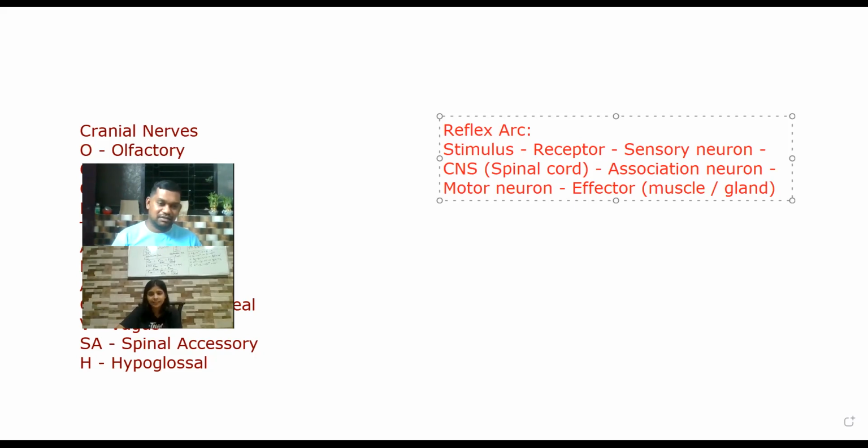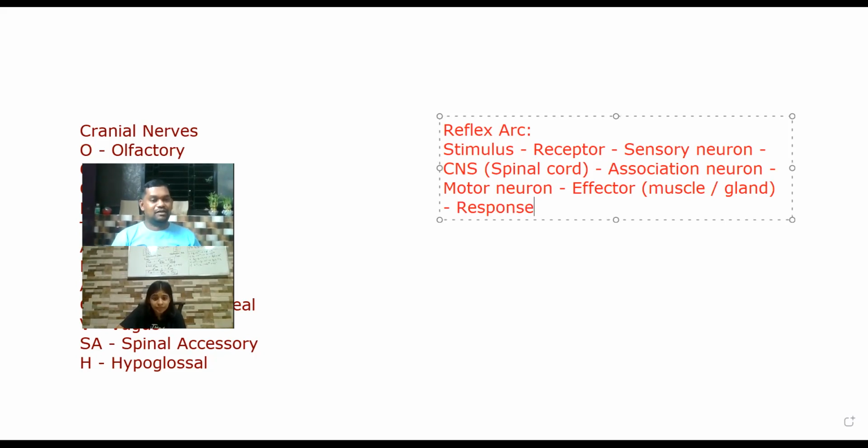If it is a muscle, it will cause a movement. If it is a gland, it will do secretion. So the response that is given out is in one of these two types. Either it will be a movement of any part of the body or it will be a secretion from any part of the body. That's an effector, and the effector will give away the response.